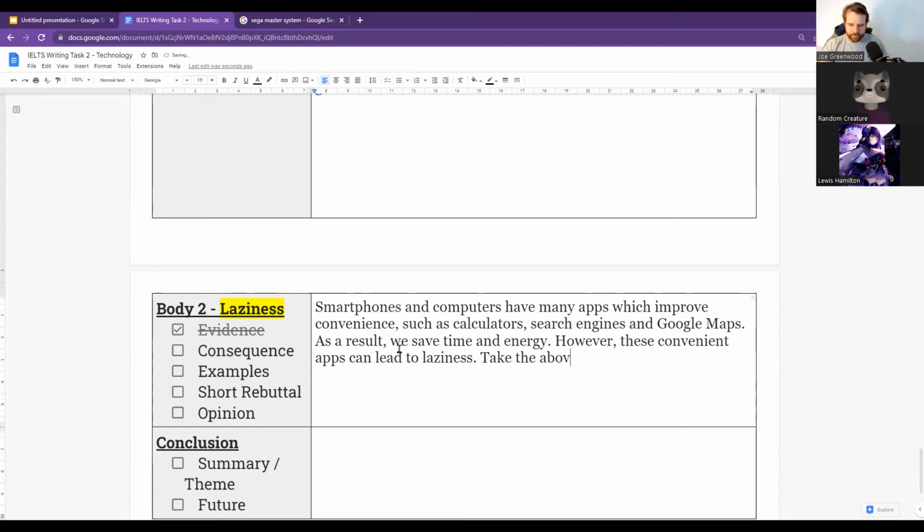Take the above 3 examples of convenient apps. Okay, now I'm going to give examples right here. A calculator can be a shortcut for a child's maths homework. What can be the negative of search engines? They're great. Negative.